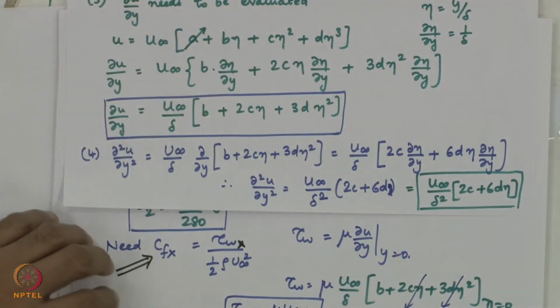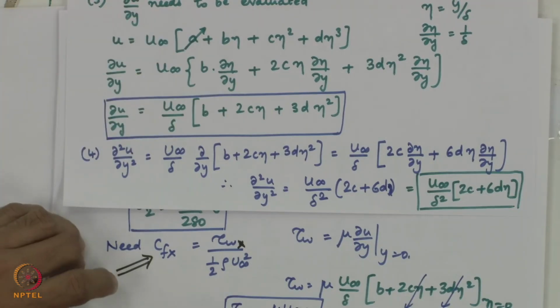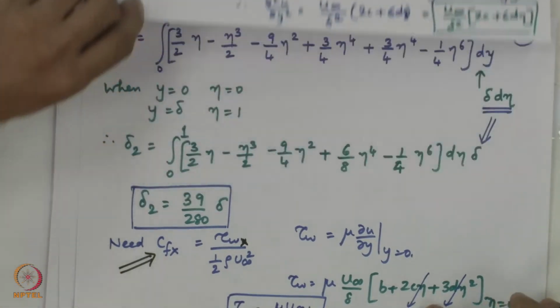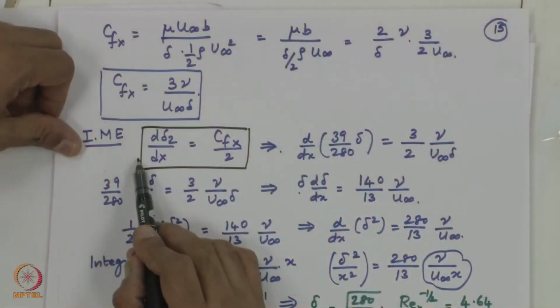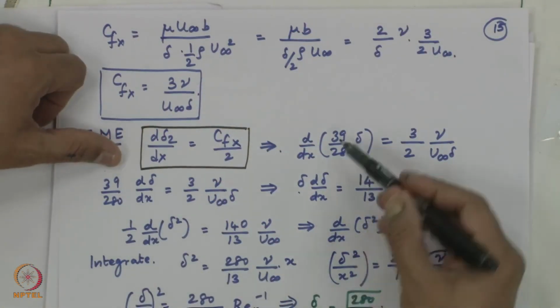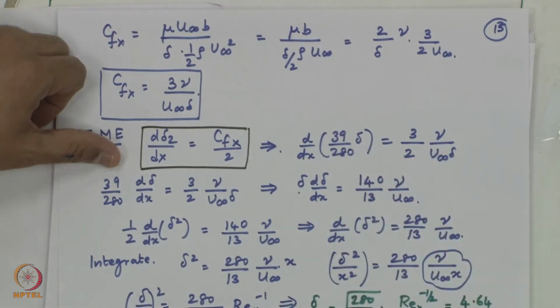Times mu, with b being 3 by 2, it is 3 by 2 mu u infinity by delta. I substitute this back into the expression for coefficient of friction, and I get this. The integrated momentum equation on simplification became this. Do the maths, separate the variables.